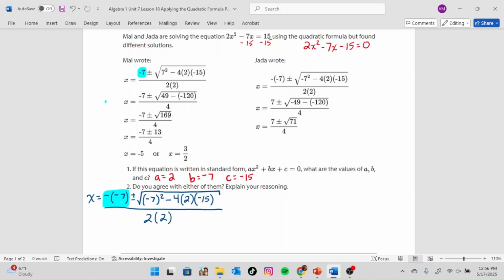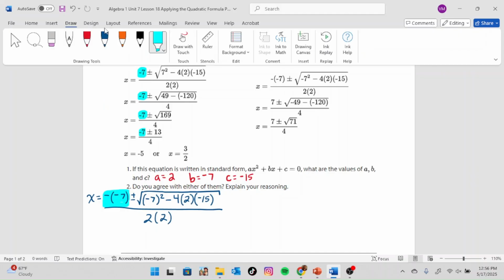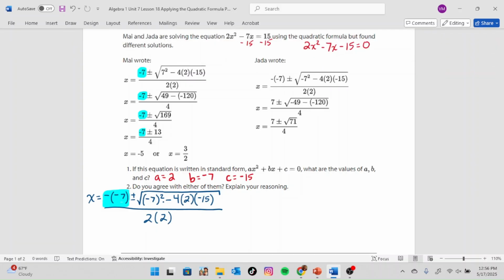So this is where Mai made a mistake. And now every step after it is going to be wrong because she continues to have this negative 7 when it should become a positive 7. So we know that Mai is wrong, and that's why. Now we can continue.